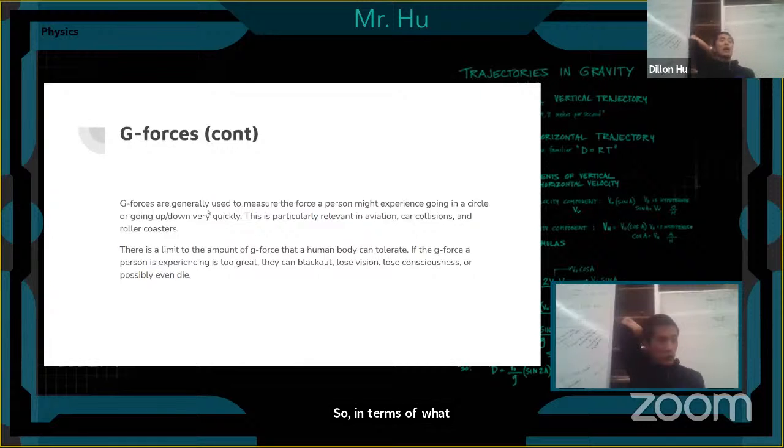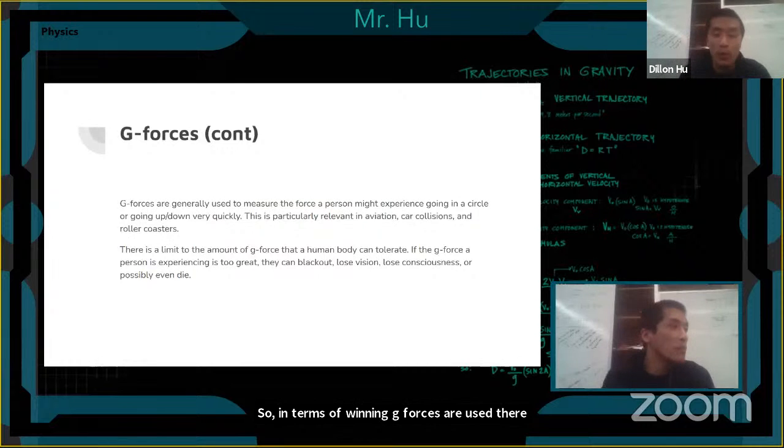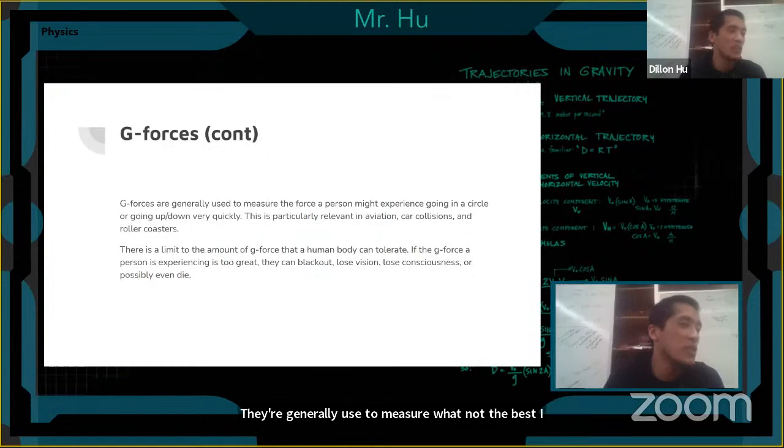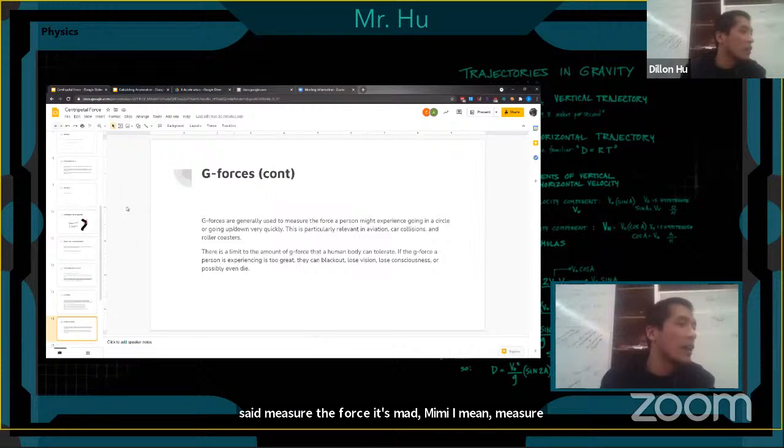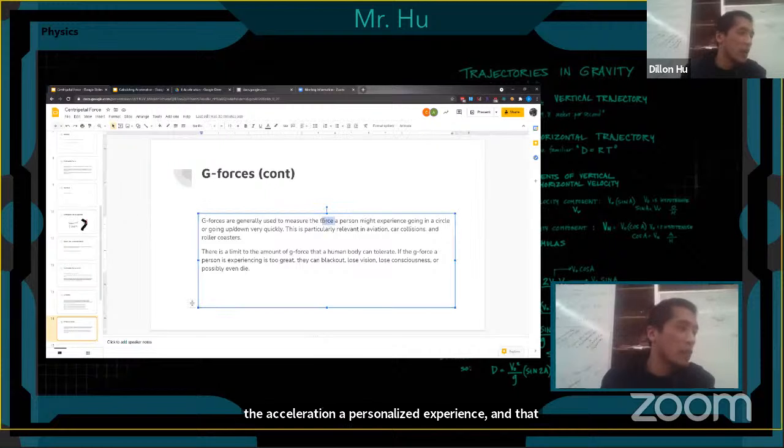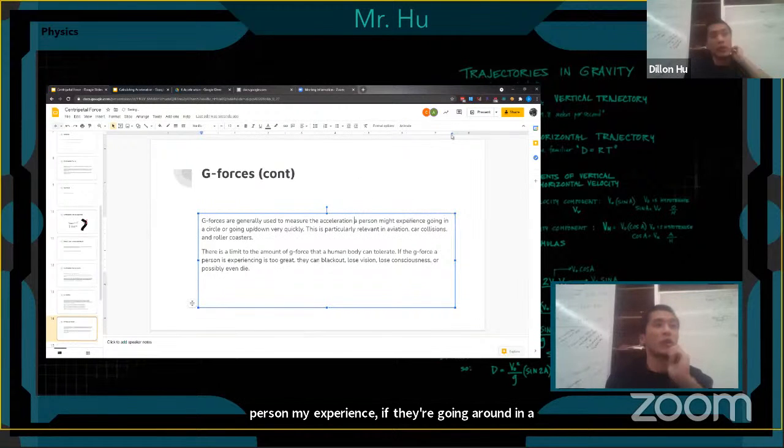G-forces are generally used to measure the acceleration a person might experience if they're going around in a circle, or if they're going up or down very quickly.